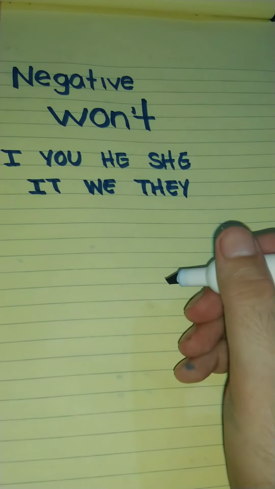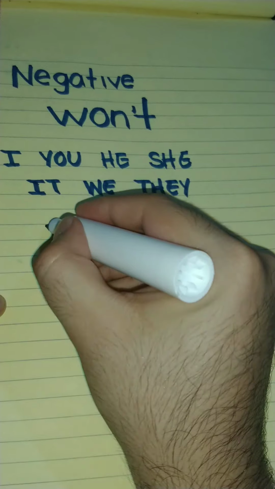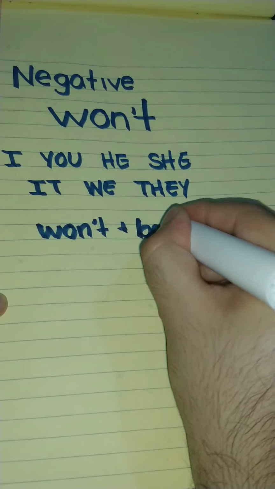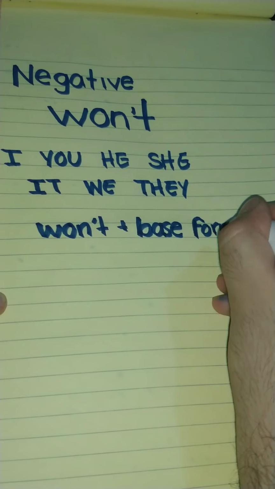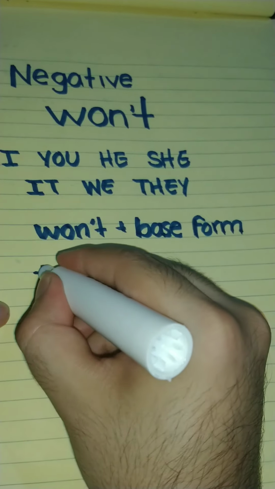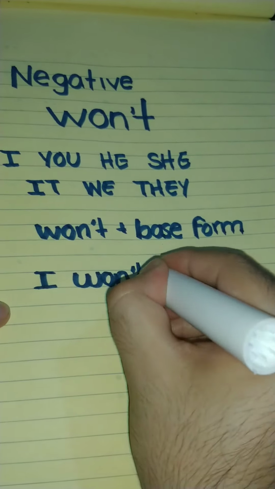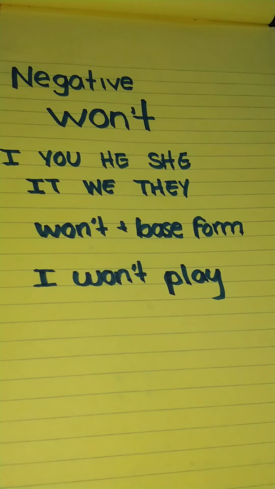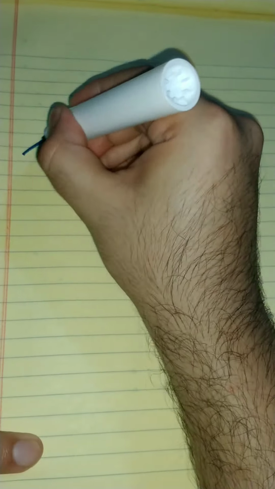Okay. And the structure of a sentence is the same. Won't plus base form of a verb. I won't play.